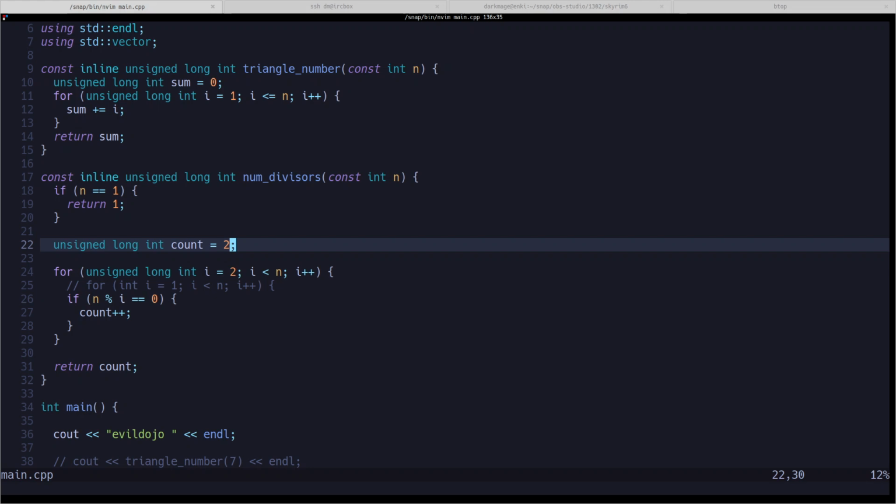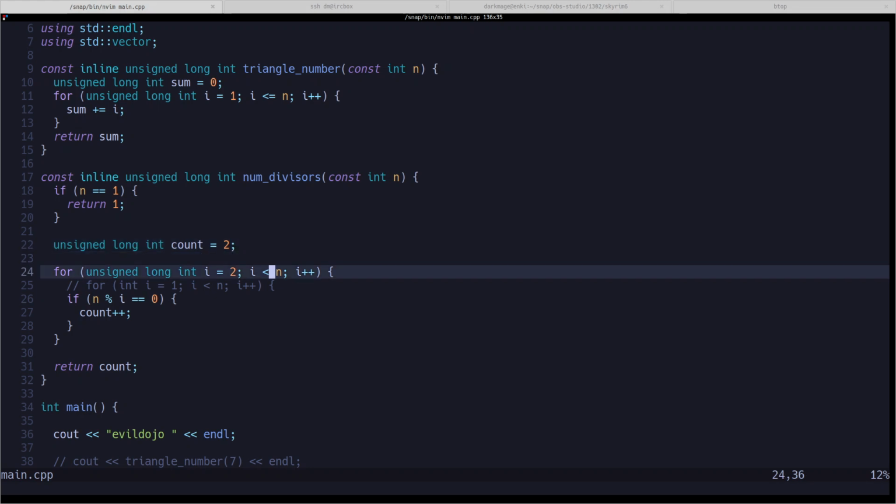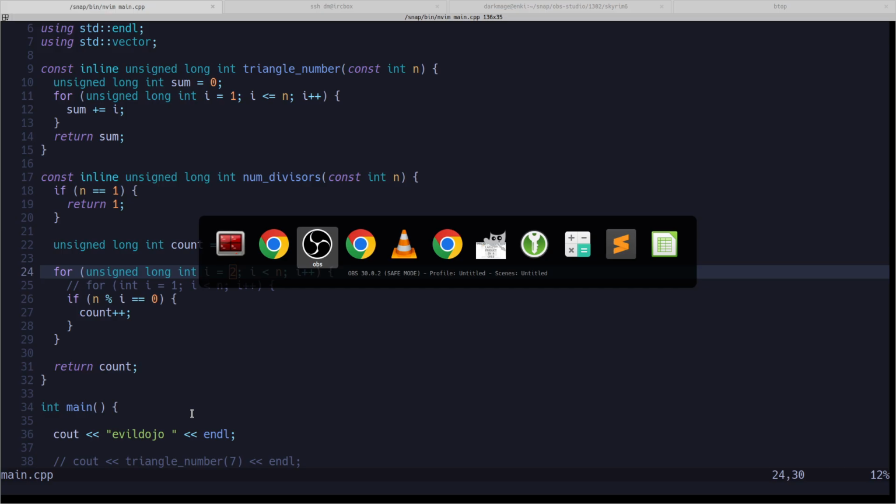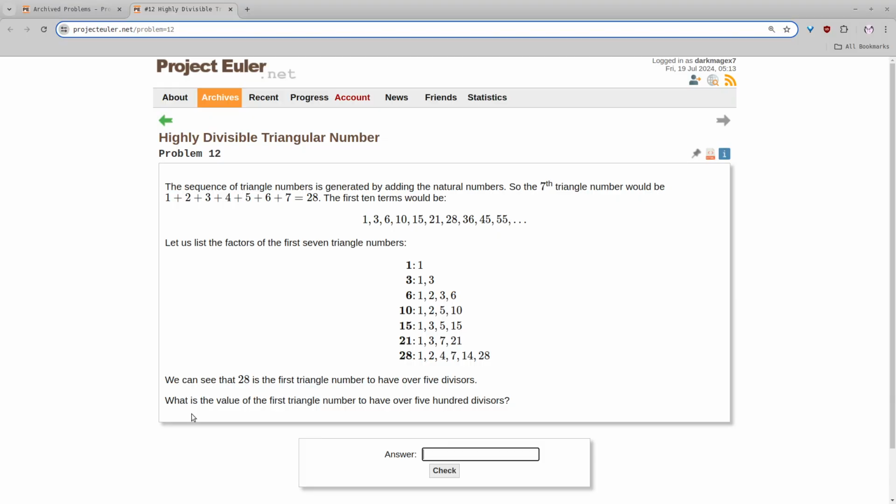If n is even, for instance, let's say it's 10, how do we get the number of divisors? If we step through starting with 2, 3, 4, 5, 6, 7, 8, 9, and actually, the largest number that we would have to check would only have to be half of the number itself.